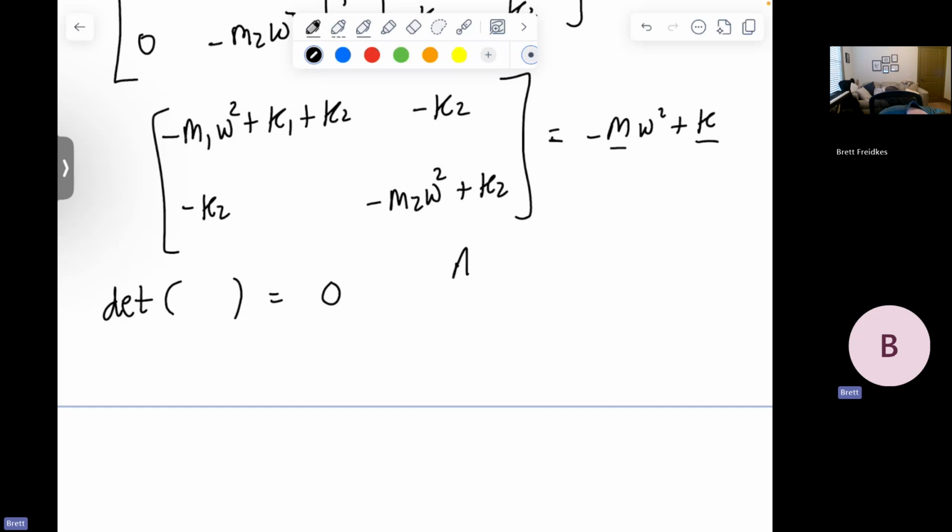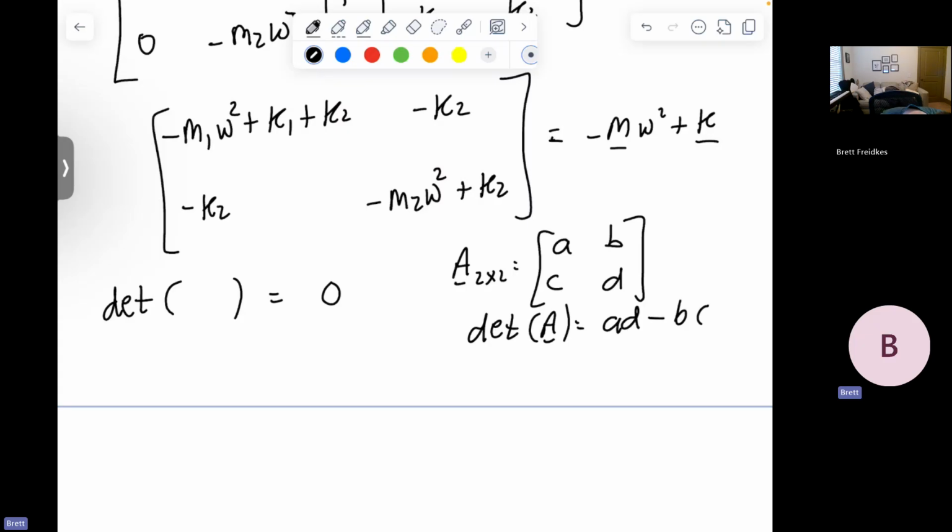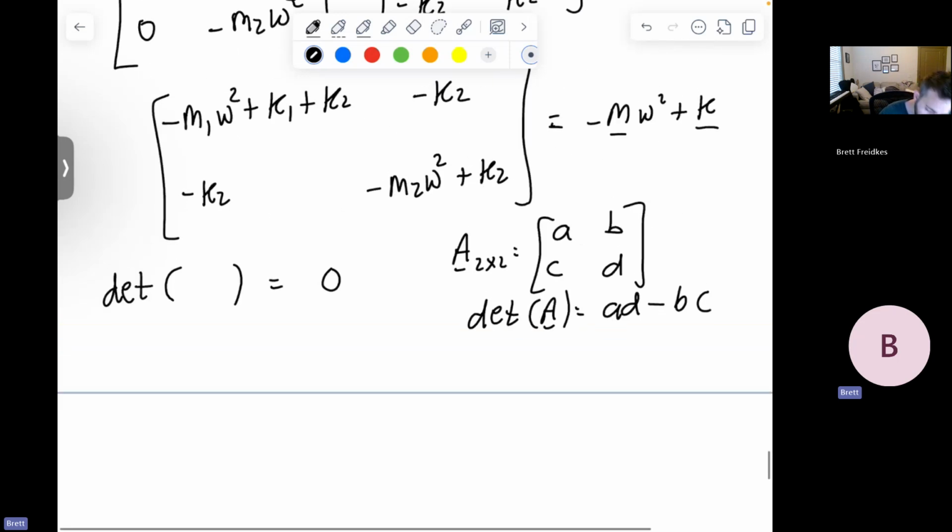And just as a reminder, if I give you some 2x2 matrix, the determinant of that is the diagonal elements multiplied together minus the off-diagonal elements multiplied together. Only for 2 by 2. As you get to higher orders, it gets more complicated. But for our purposes, we're only going to be looking at 2 by 2 on paper. You'll have AD minus BC. So the determinant would be this term times this term.